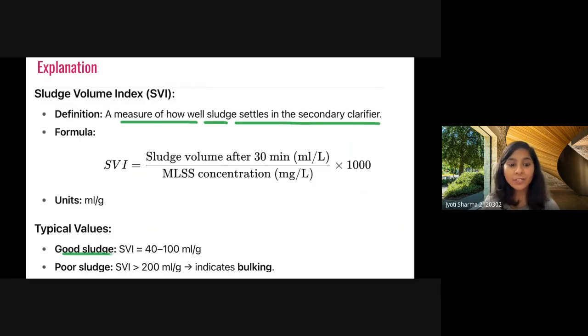Whenever we have a sludge volume index between 40 to 100 ml per gram, then this is known as good sludge. If it is more than 200 milliliter per gram, then this means it is poor sludge. So it will create some bulking.